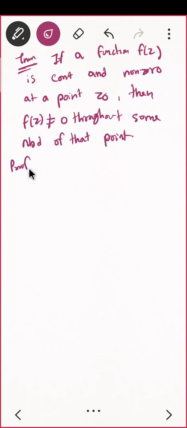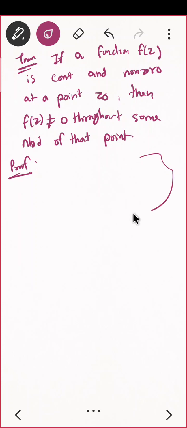Now first let us understand, do you understand the statement first? The statement is, if your function is continuous and non-zero at a point z naught, correct. Function should be continuous and at z naught it is non-zero, then the function will be non-zero throughout some neighborhood.